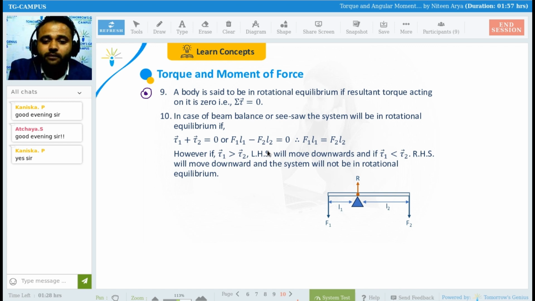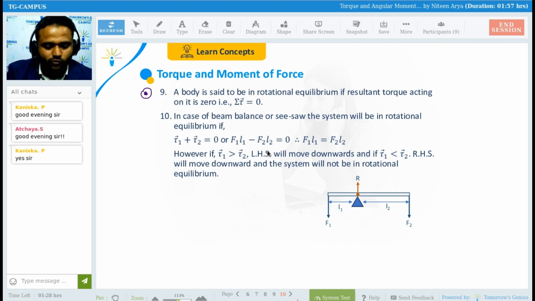In the case of a beam balance, or seesaw. Seesaw, everyone knows, right? Everyone plays on a seesaw in the ground and everywhere. So the seesaw system will be in rotational equilibrium if tau1 plus tau2 is 0. What does it mean? As you can see, that is your L1, and that is your L2.